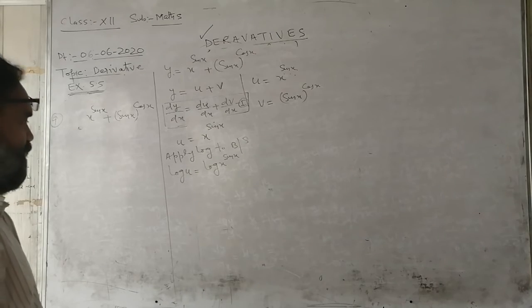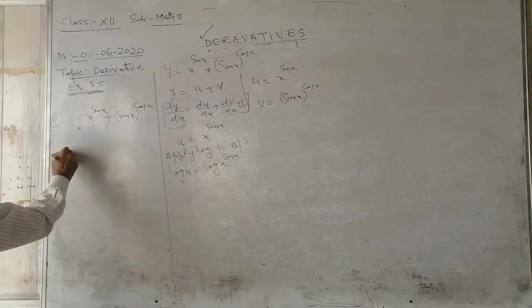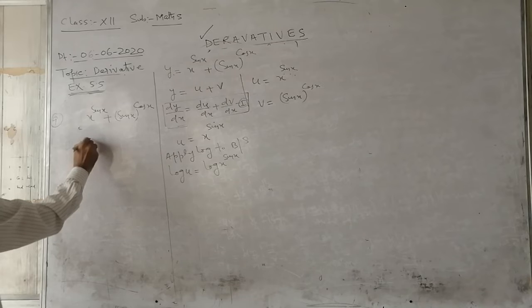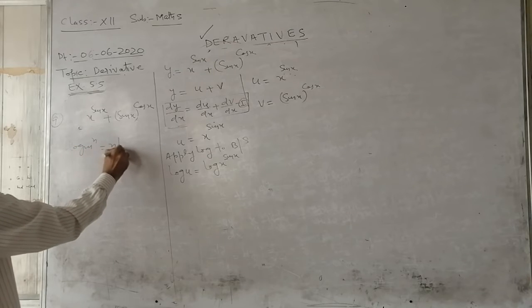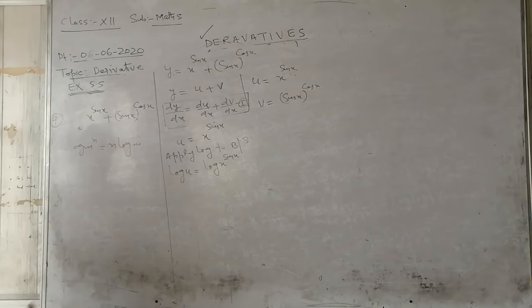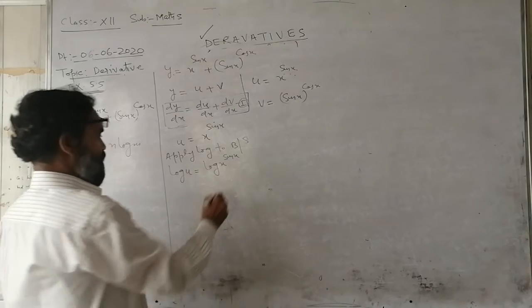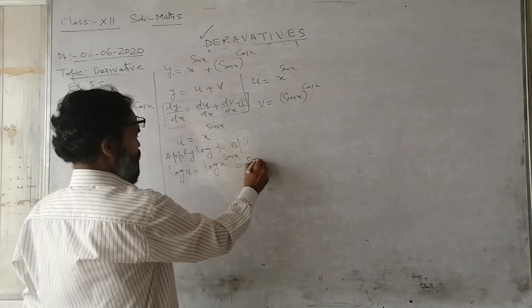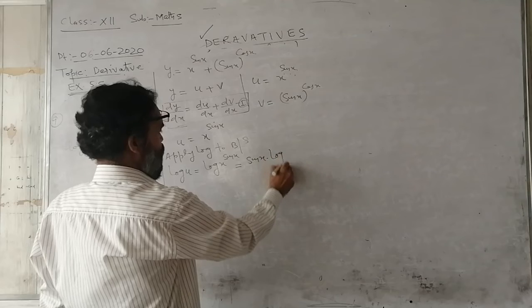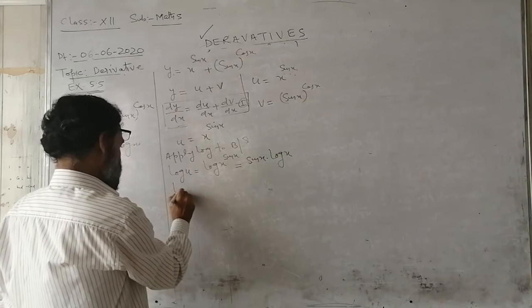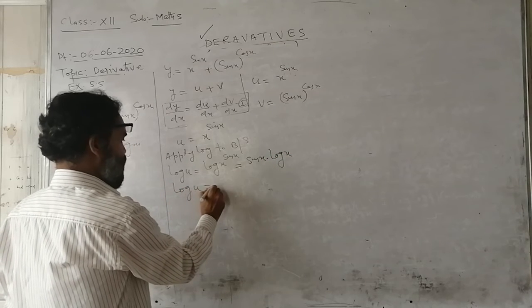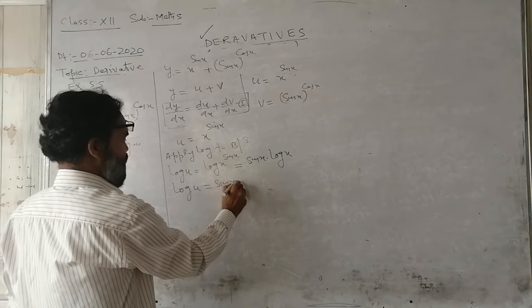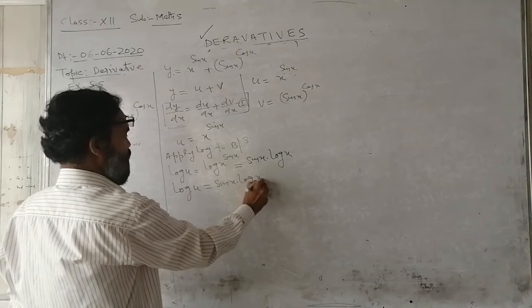Again the formula: log of m power n is n log m. So this exponent can be written as sin x into log of x. So log u equals sin x into log x.